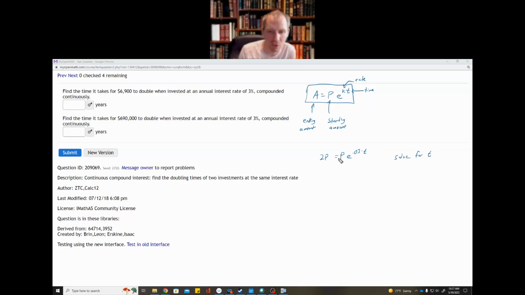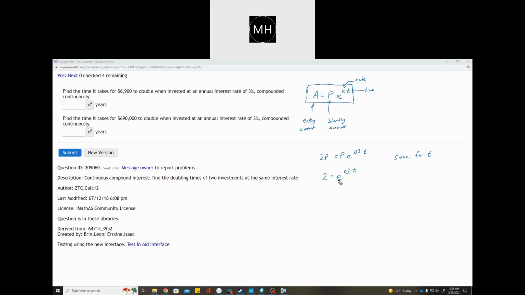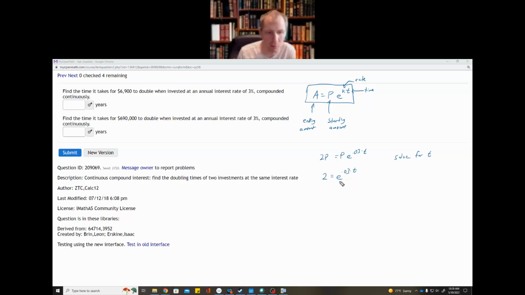Okay, and if I start by dividing both sides by P, I end up with 2 equals e to the 0.03 times t. To get rid of an exponential base e, I'm going to use the inverse, which is a logarithm base e, which we write as natural log. So take natural log of both sides. They just cancel away, right?